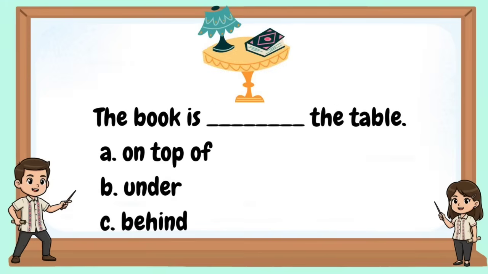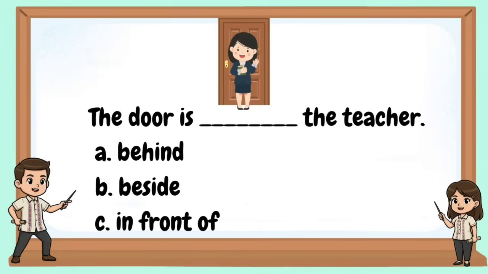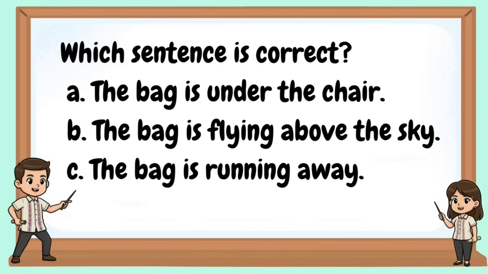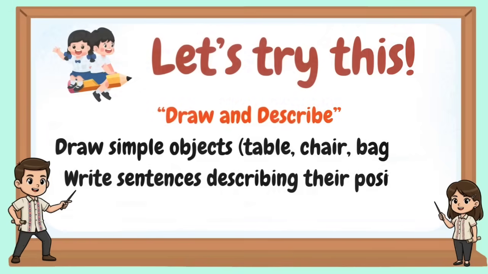The book is blank the table. The door is blank the teacher. Which sentence is correct? Let's try this. Draw and describe.